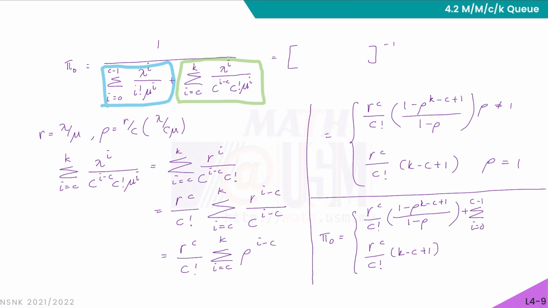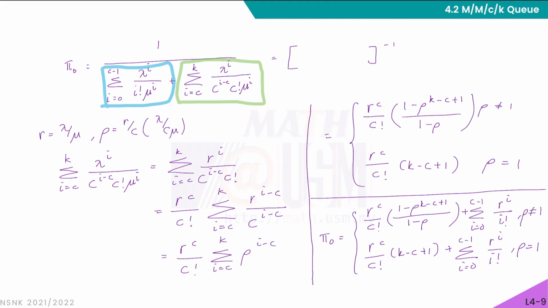Simplifying the term, we will have R to the power of i over i factorial. This is for the case of rho not equal to 1. This is for rho equal to 1.